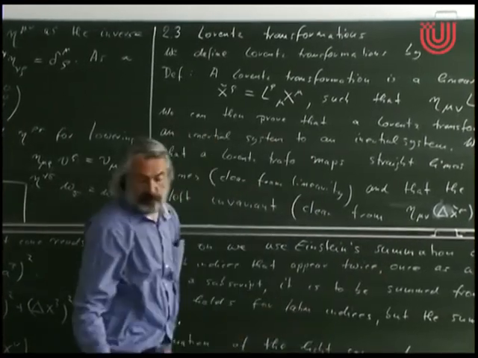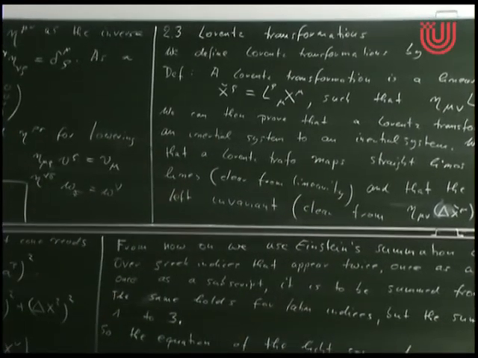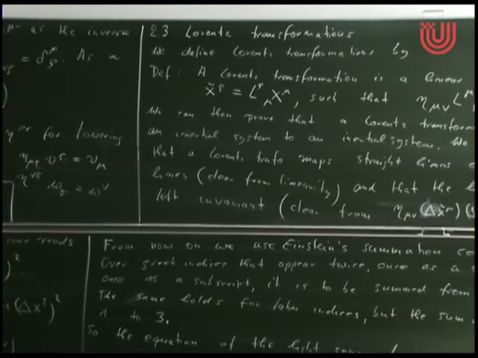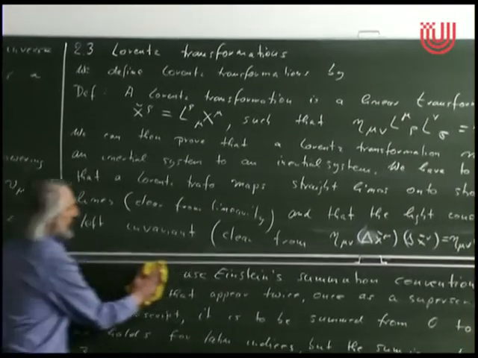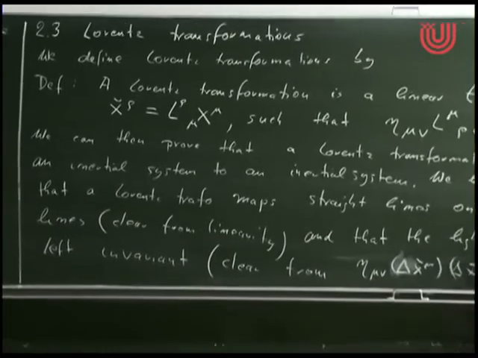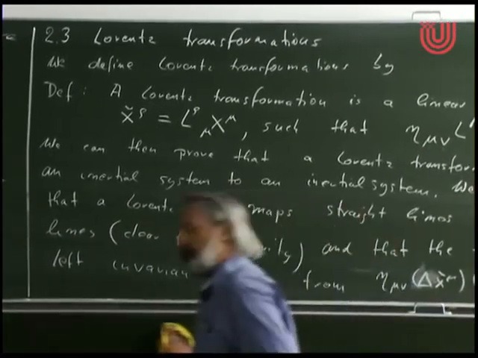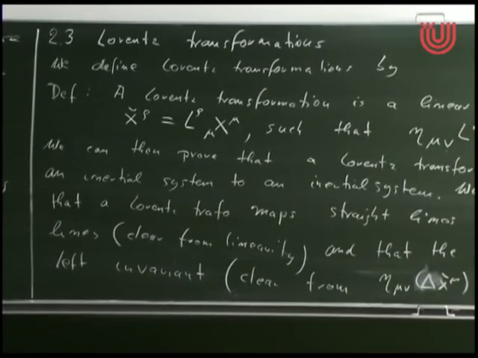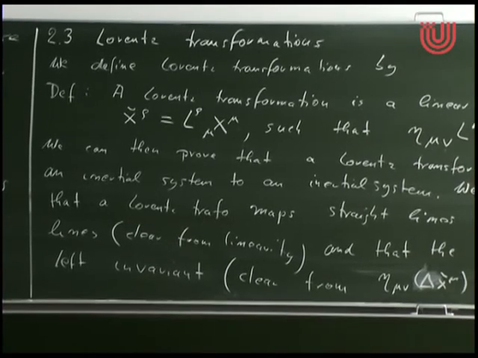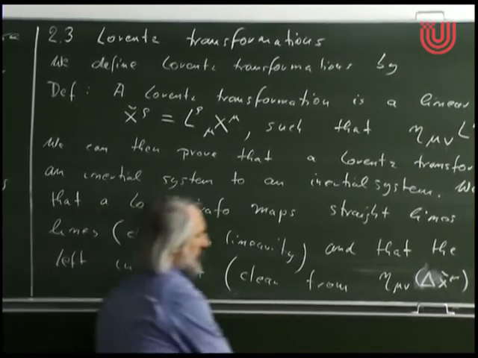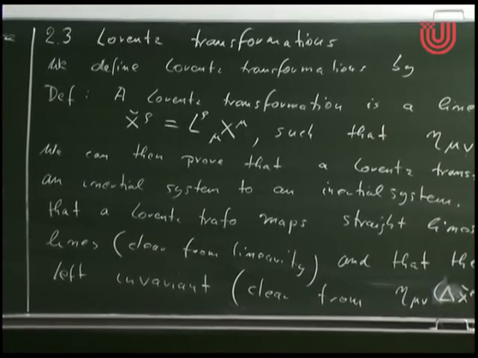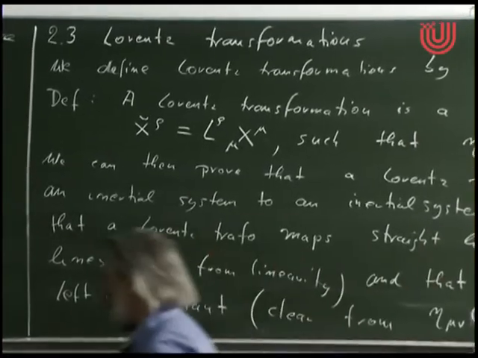So let me write this down. So they are not the only ones. Actually, there's still another possibility to generalize it. Maybe you can think about it while I clean the board. Maybe what else you can do. Instead of applying a Lorentz transformation and shifting the origin, can you do anything else without violating the property of having an inertial system?